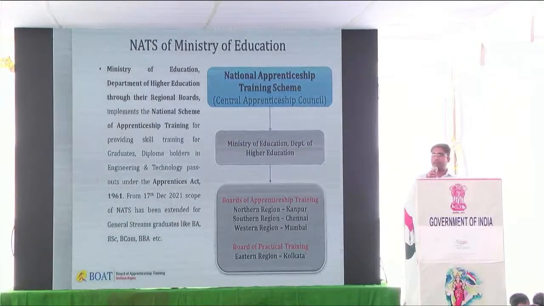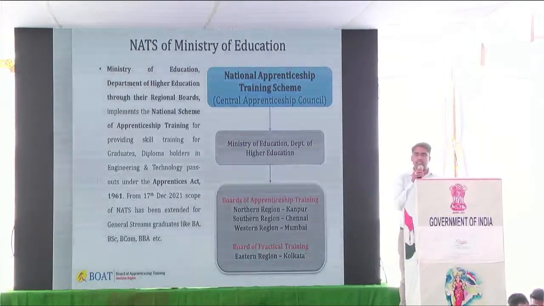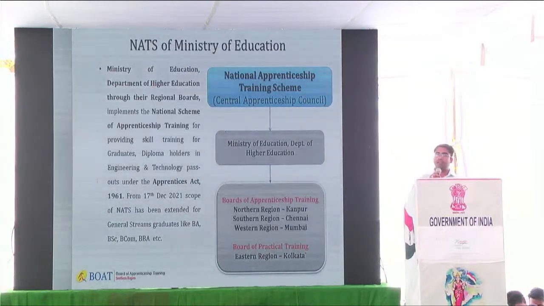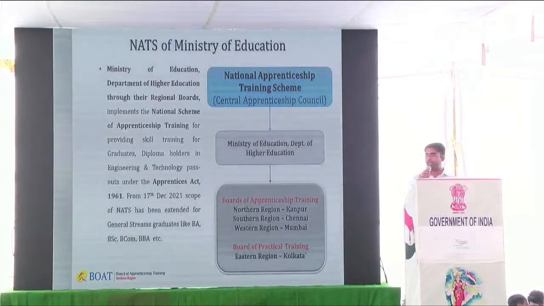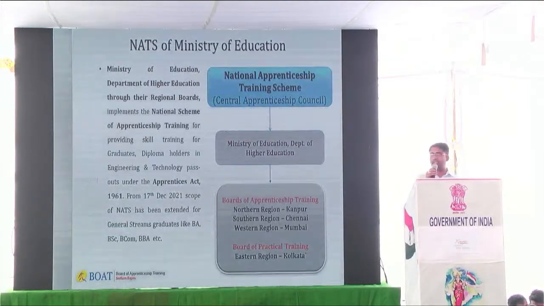First, they should have passed out within 3 years. Second, they should not have undergone or be undergoing any apprenticeship training. And they should not have more than 1 year of experience. These are the 3 criteria for doing the apprenticeship training in the establishment.